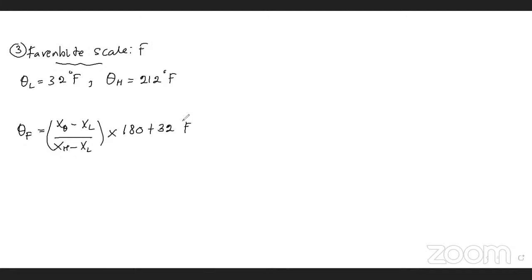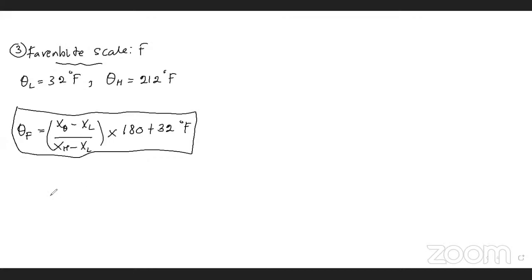So that is in Fahrenheit. Okay, so this is the equation used for the Fahrenheit scale. By using these three, you can get the relationship between those thermometric scales, right?